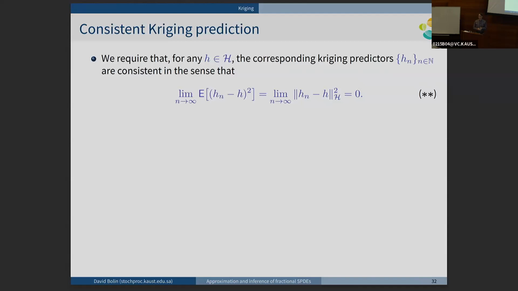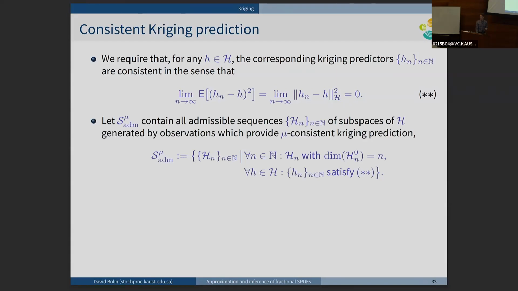That simply means that you cannot take all observations at one point, because then you wouldn't get more information from more observations. That is essentially an assumption on how you observe your Gaussian process. So you can introduce this set S mu of all admissible sequences of observations that you can take in order to get consistent Kriging prediction.